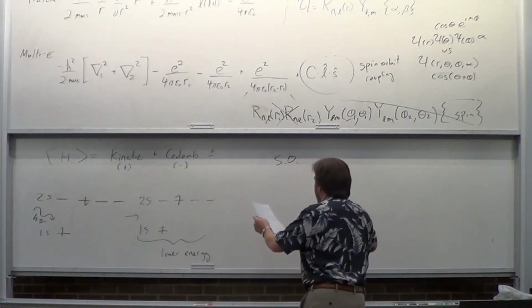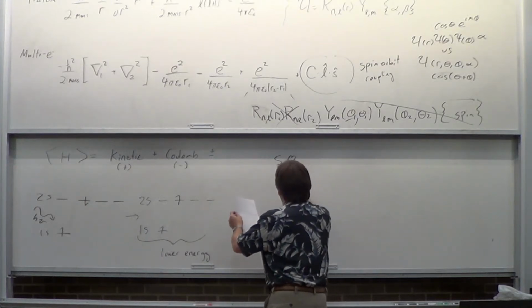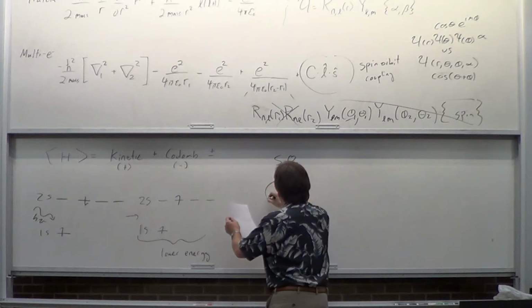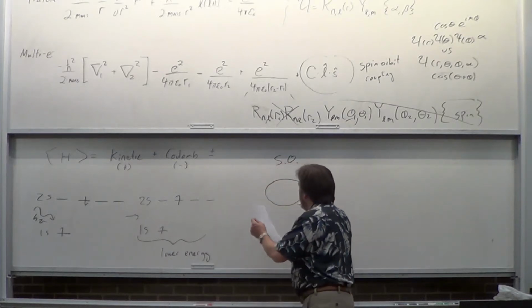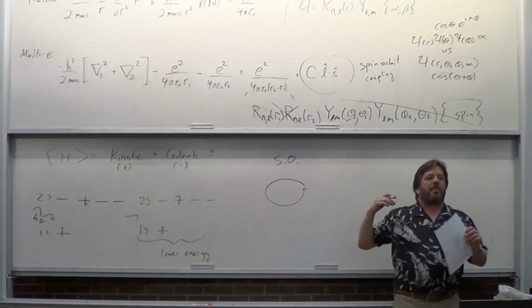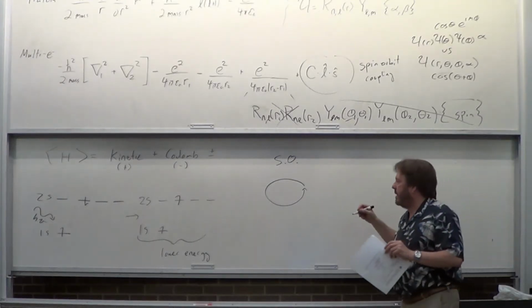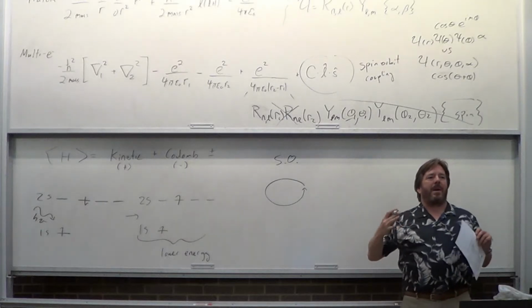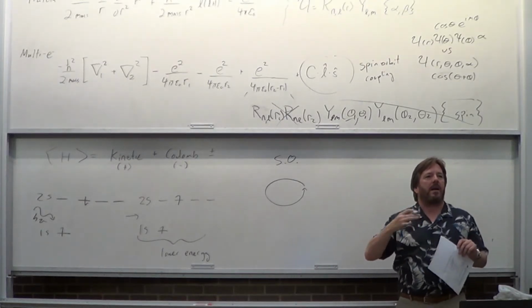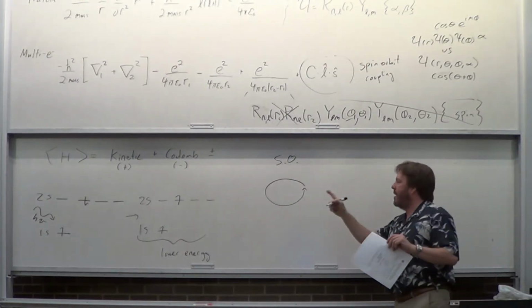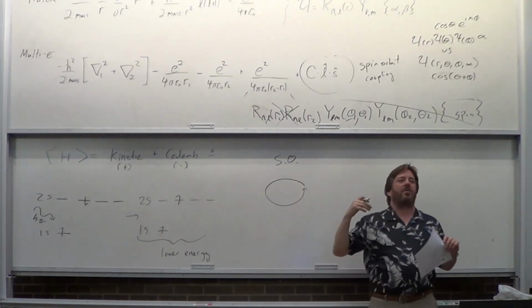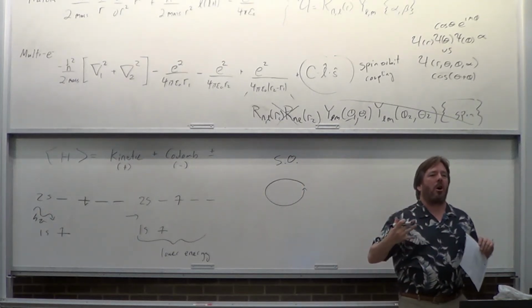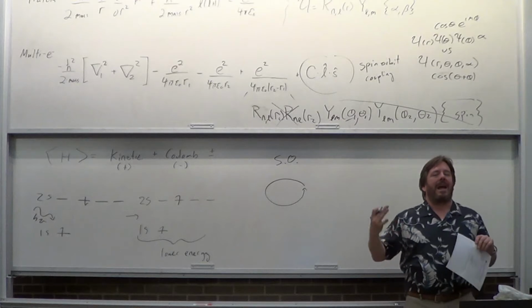So when it comes to spin-orbit coupling, if it helps you remember what this looks like, recall that this comes about because the electron is whizzing about the nucleus, and what that creates is a magnetic field. Whenever charges are moving, when an electron is moving around the nucleus, that creates magnetism. A spinning charge creates magnetism.